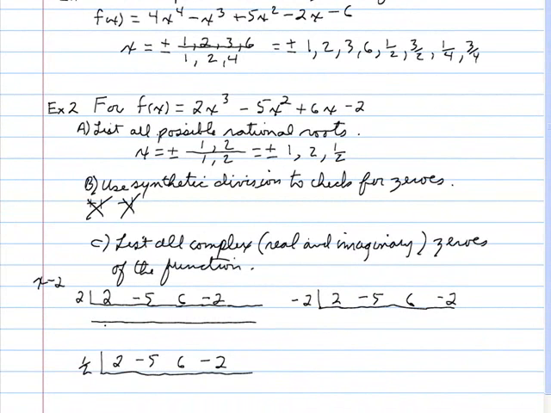I bring down the first number 2 right here. Then to finish it off, I multiply here, put it here, and add. Multiply here, negative 2, put it here and add. Multiply here, 8, and add. I get 6. That's not 0, so it did not evenly divide, so 2 is not a possible root.